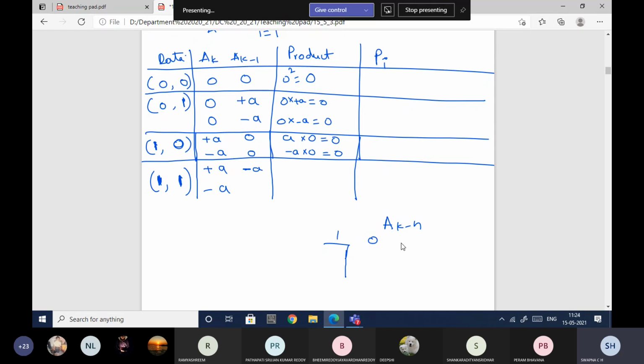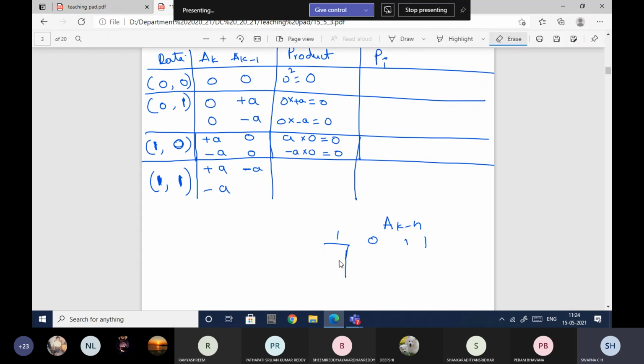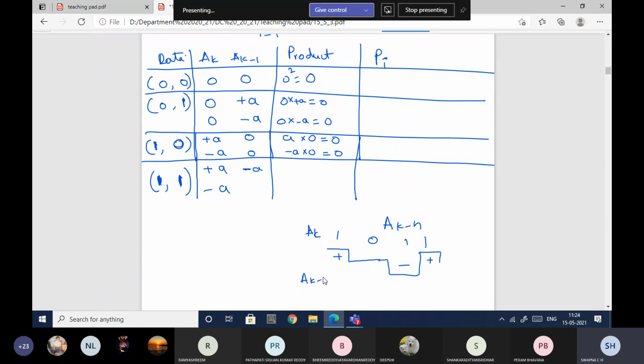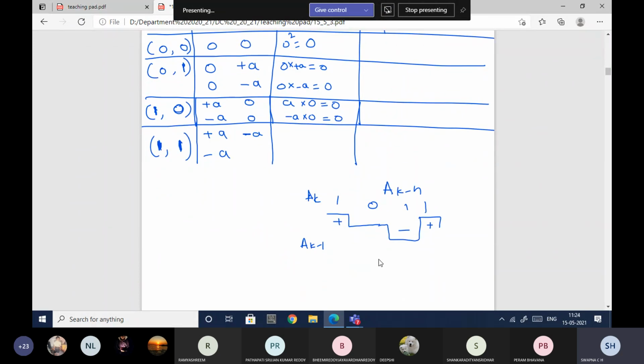So same 1 0 1 1 only I'll take. So 1 0 1 1. Let me consider this as AK. Okay, AK representation is in this way. Positive I've taken, so negative here. Again for this it is positive. Now I need AK minus 1. Okay, when it comes to AK minus 1, it will be shifted, right?